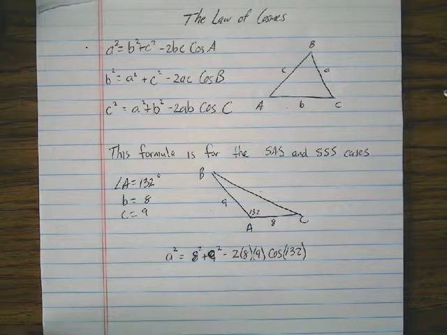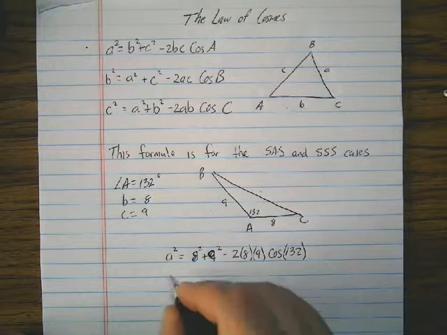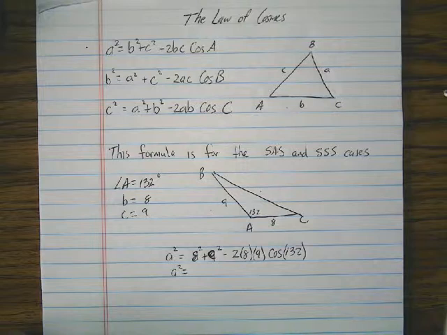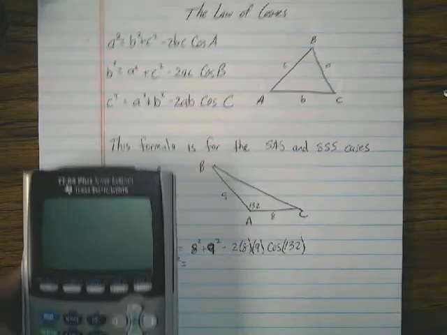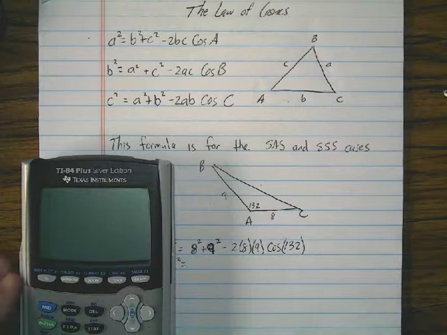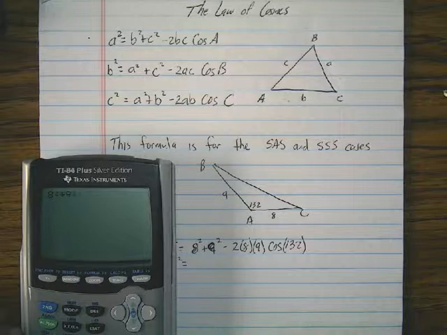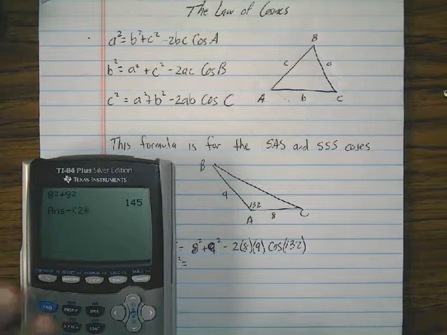So we would end up with, I'll try to fit it in here so that you guys can see. We're going to have 8 squared plus 9 squared. That gives us 145, and we're going to subtract from that 2 times 8 times 9 times cosine of 132, and that gives us this.